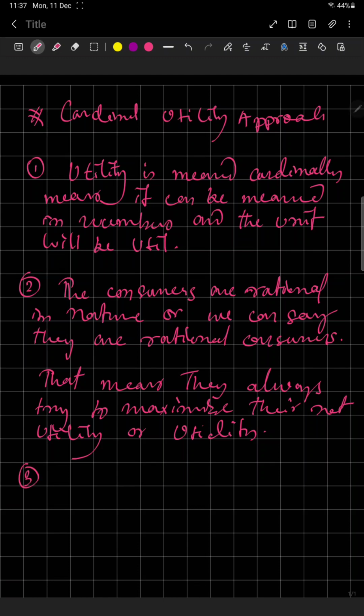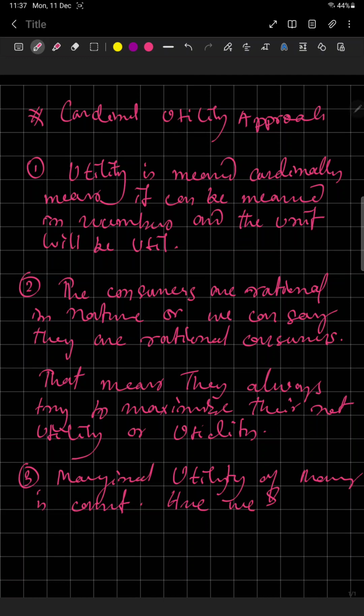Third assumption, marginal utility of money is constant. Here we assume that marginal utility of money is lambda.